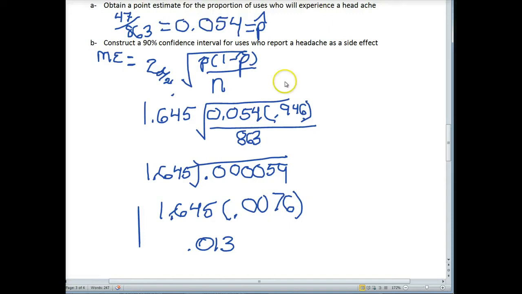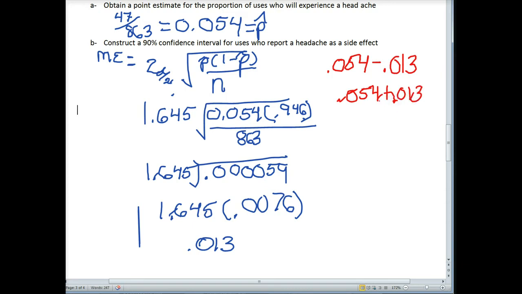How do I get the confidence interval from the margin of error? I have the margin of error, and I want to subtract that from my proportion estimate, and add that to my proportion estimate to get my confidence interval.